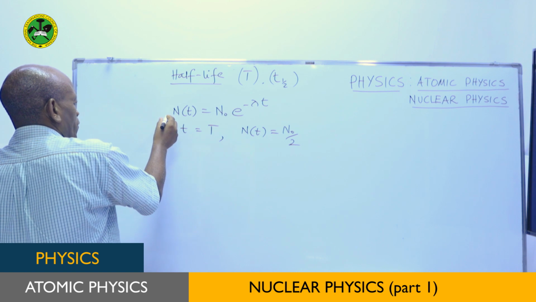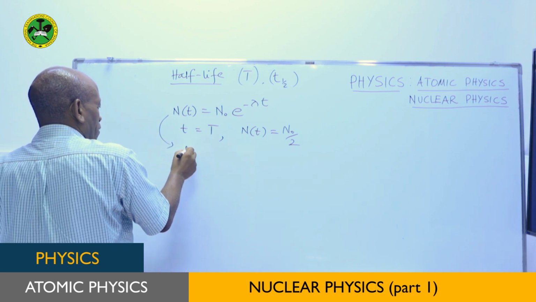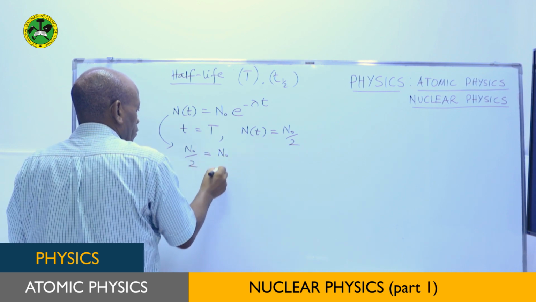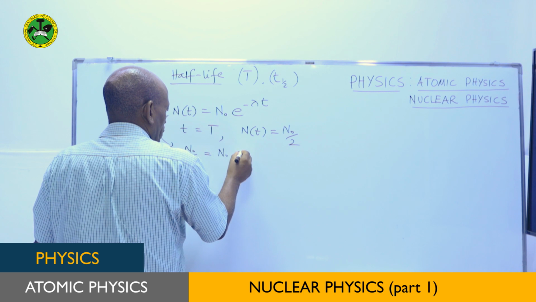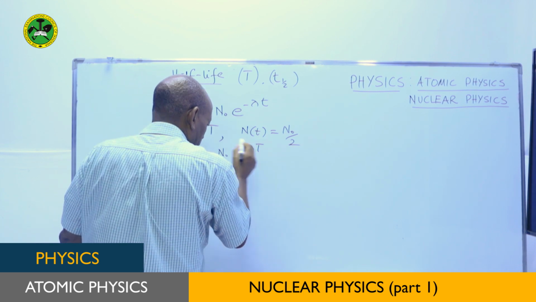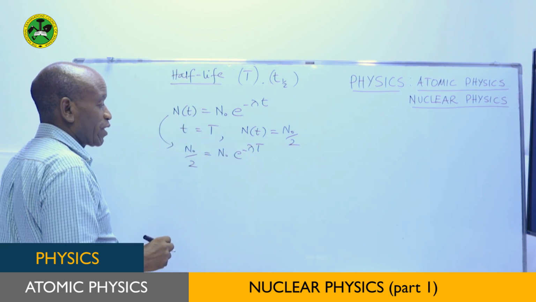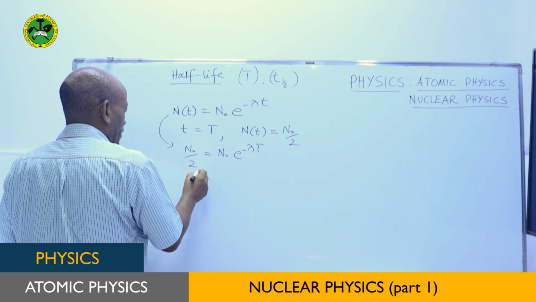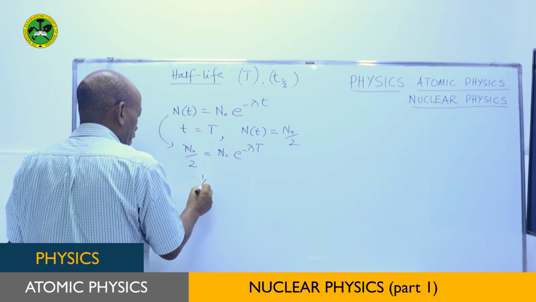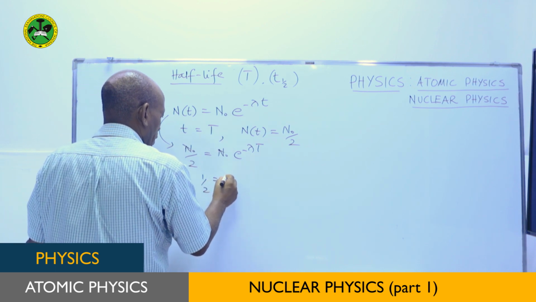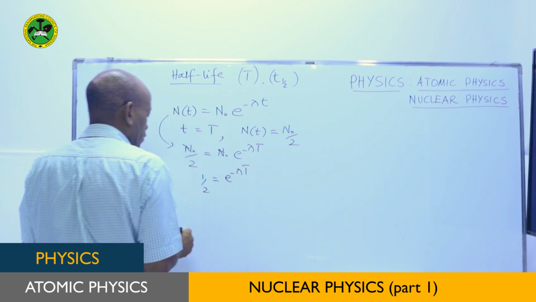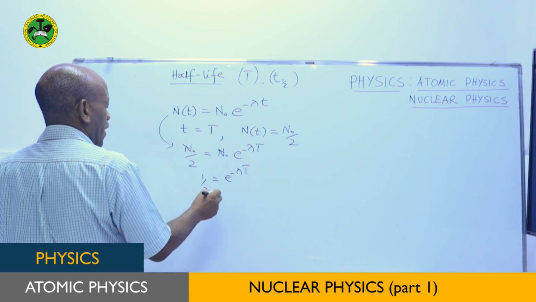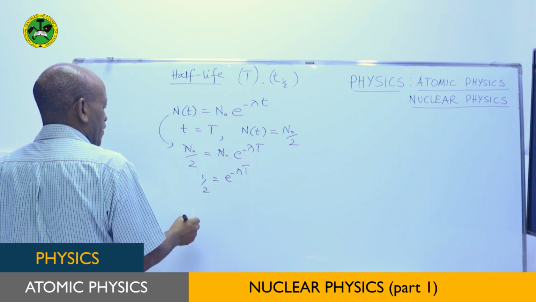And therefore, we're going to have N0 over 2 equal to N0 into e power minus lambda times T, T being the half-life of that radioactive sample. And therefore, you could find that N0 will cancel, and we're going to have a half equal to e power minus lambda T. And our interest is to determine the T there.